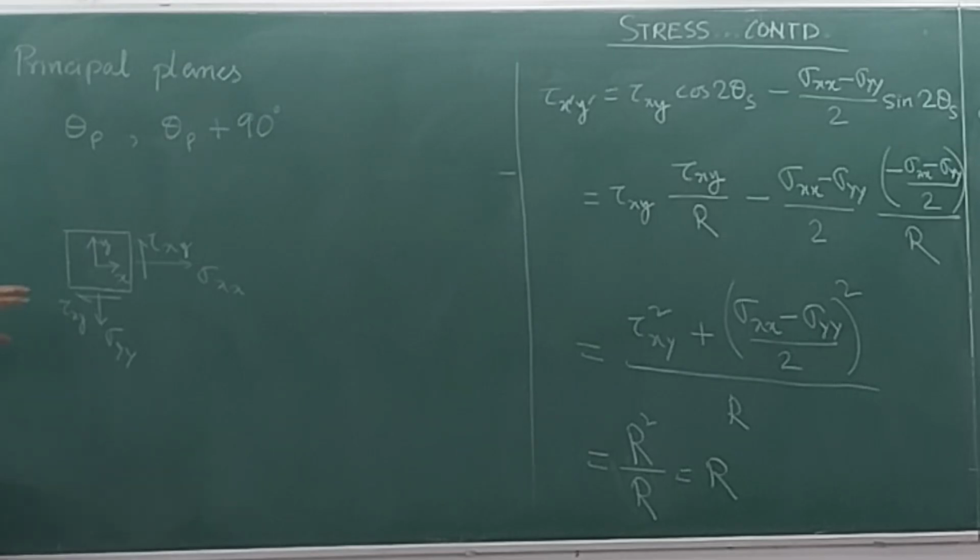Now, theta p means that if you rotate this stress element by theta p, you will obtain a plane on the right hand side such that on that plane the normal stress will have an extremum value. Okay, so what I mean by that is this.